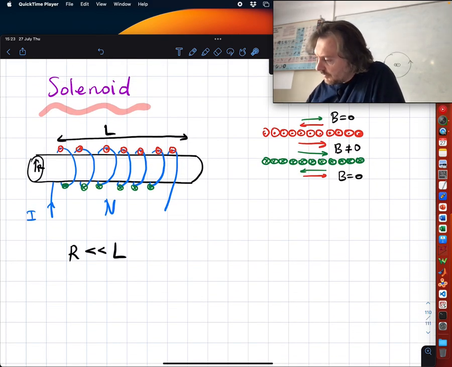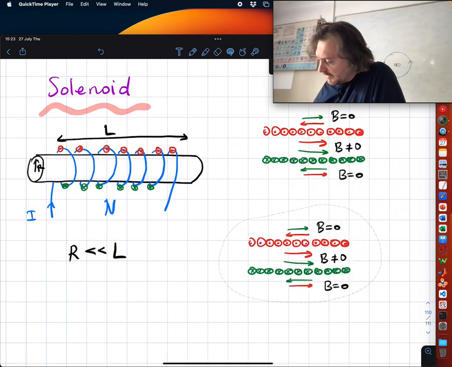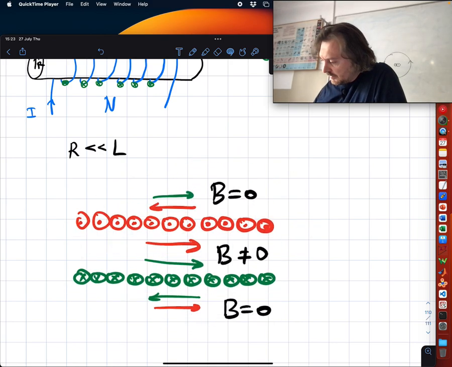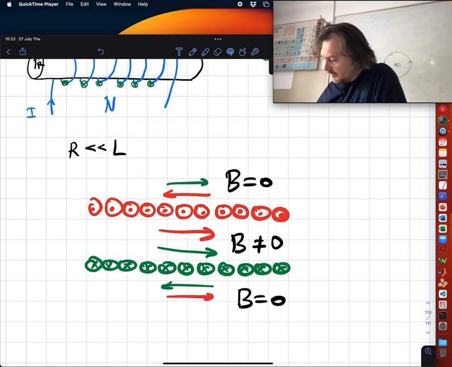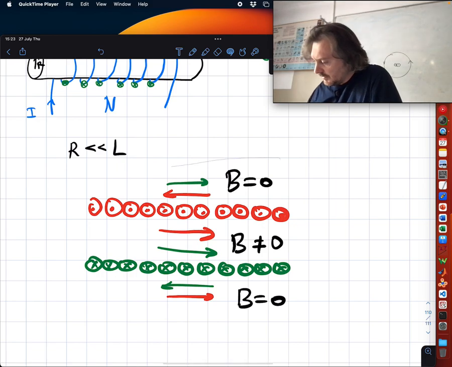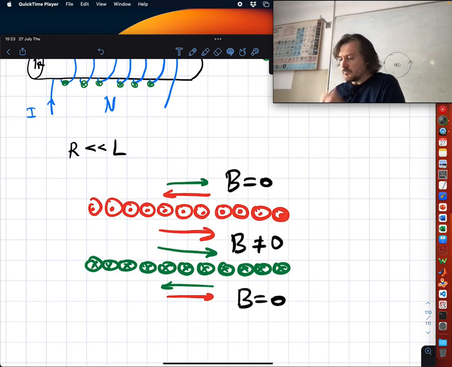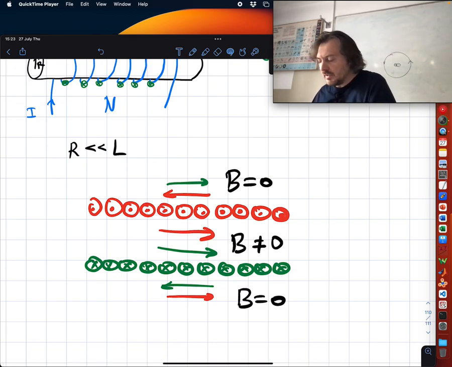I'm tempted to draw this again, but let me not draw it again, but just duplicate it and make it bigger. Okay. So what did we realize here? We realized that the magnetic field outside would be 0 and magnetic field inside would be something, right?